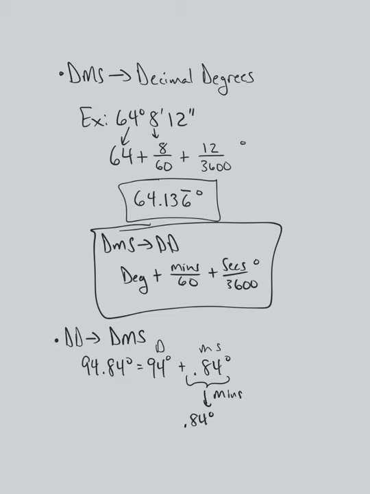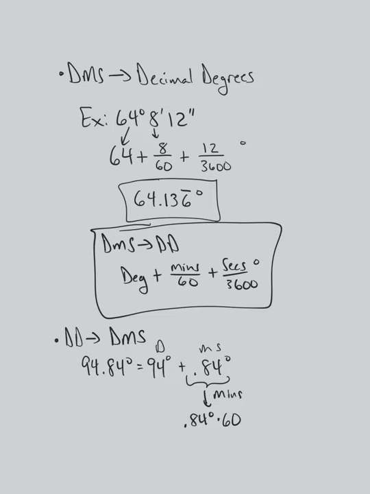If you think about it, we're doing the reverse process of what we did in the last problem. In the last problem we started with DMS and went to decimal degrees. Now we're going from decimal degrees to DMS, so it makes sense that you do just the opposite. In that method we divided by 60, so here you multiply by 60.